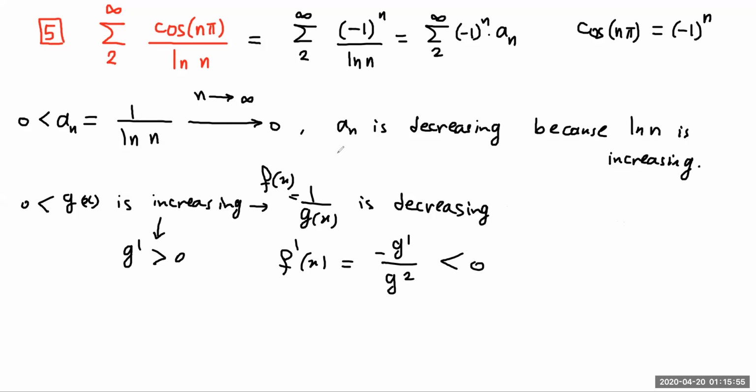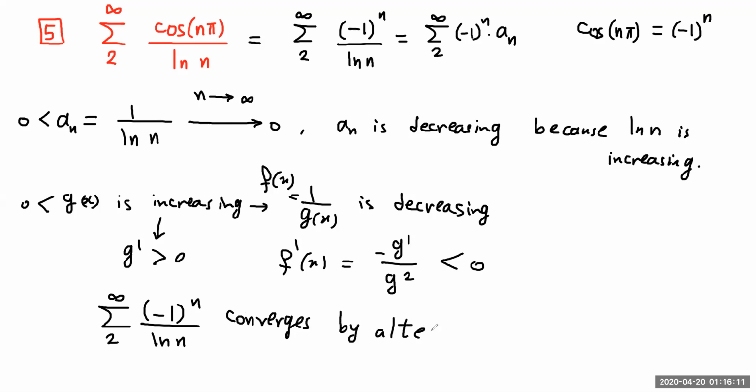So all the conditions are satisfied. So my series here, the sum of minus 1 to the power n over ln n from 2 to infinity, converges by the alternating series theorem.